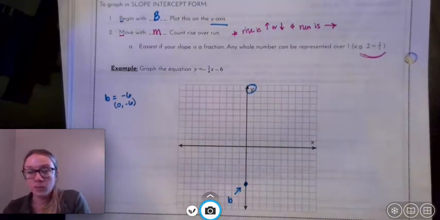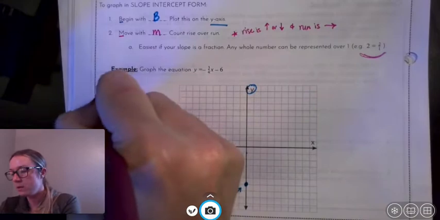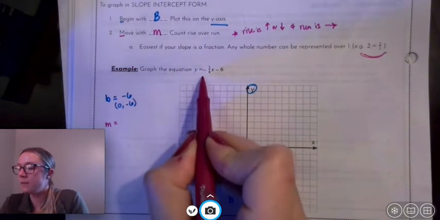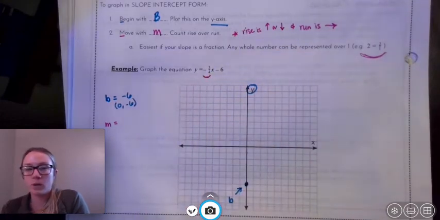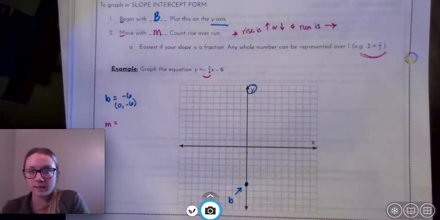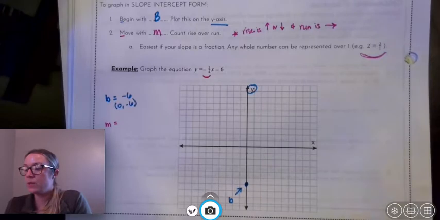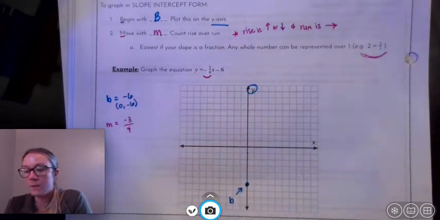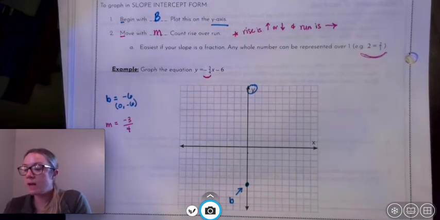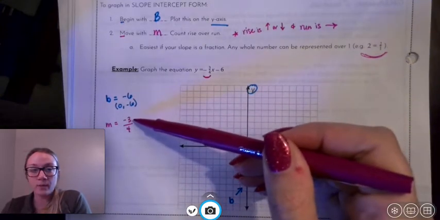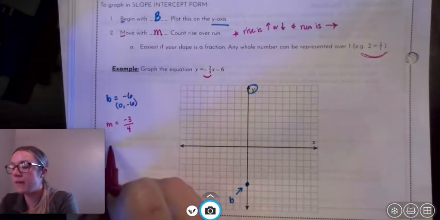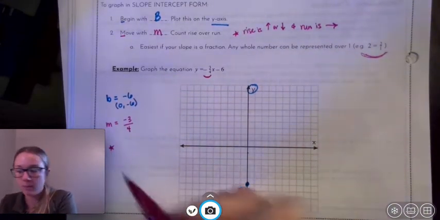Once we begin with b, we want to move with m. And when we look at our equation, our m is this -3/4 in front of our variable x. And so I do want to put the negative with the 3, so -3/4. This tells me I'm going to go down 3 because it's a -3, and I'm going to go to the right 4. So I'm going to add that in my notes in case I forget when I'm looking back at it.